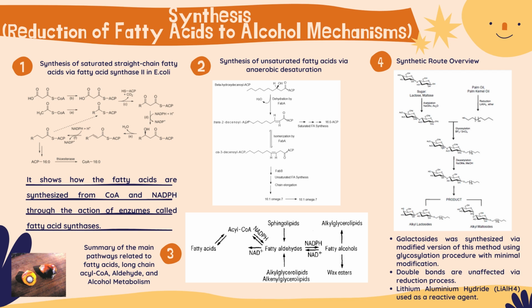This diagram indicates how fatty acids are synthesized from acetyl-CoA and NADPH through the action of enzymes called fatty acid synthase. The acetyl-CoA is activated to malonyl-ACP in step A. In the next stage, malonyl-ACP is activated to react with acetyl-ACP in B. While in step C, an ACP-bound acyl chain reacts with malonyl-ACP to lengthen the chain.